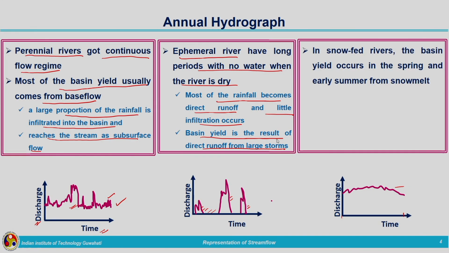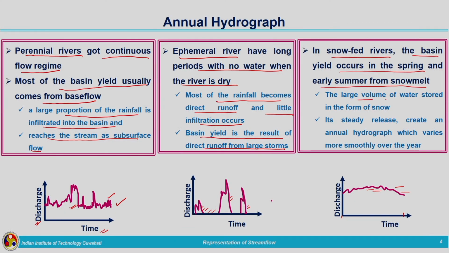And in the case of the third one, here you are observing almost there is not much variation in the flow value. So, these are representing the case of snow fed rivers. The basin yield occurs in the spring and early summer from snow melt. During summer and spring, because of snow melt, the stream flow will be observed at the gauging station, and this is mainly due to snow melt.